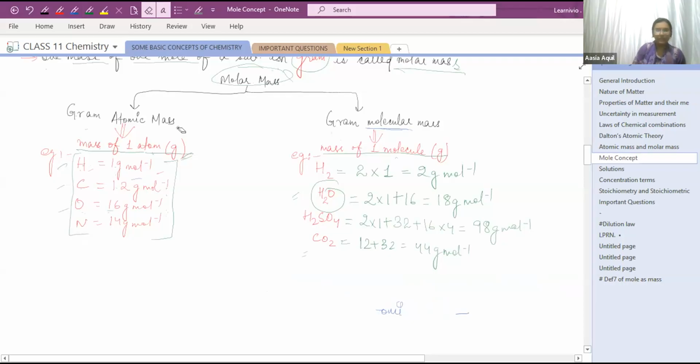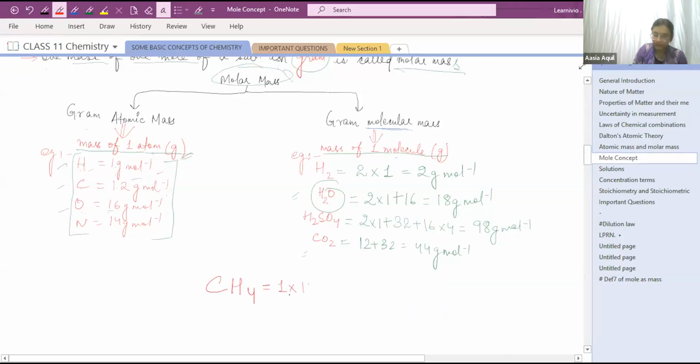For example, another example is methane, CH4, right? How many elements are there in CH4? Carbon is there and hydrogen is there, two elements, right? So what will we write first? The number of atoms in carbon. How many atoms are there in carbon in methane? One. So 1 into what is the atomic mass of carbon? It's 12.